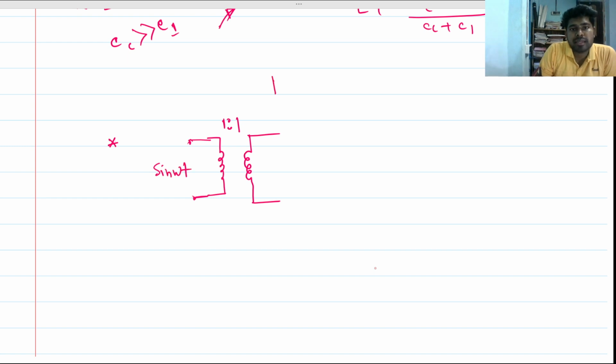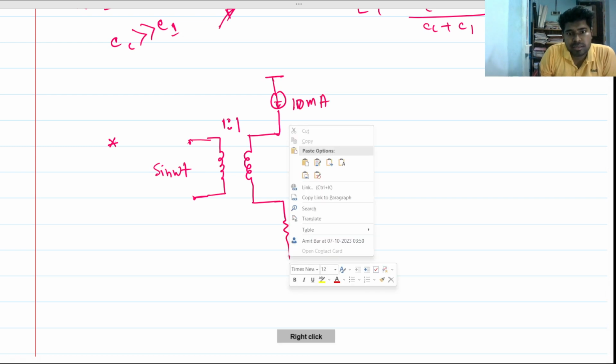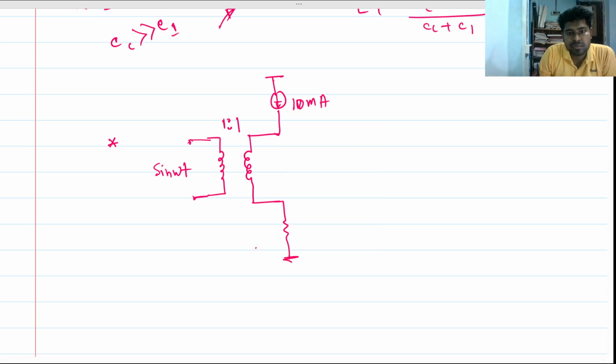There is a constant current source of 100 milliamps, and a resistance of 10 ohm, and sir asked me to find the voltage at this node. Intuitively, as this is a 1:1 transformer, the voltage across these terminals will be sine omega t as well, and a constant current, this is 100 milli.